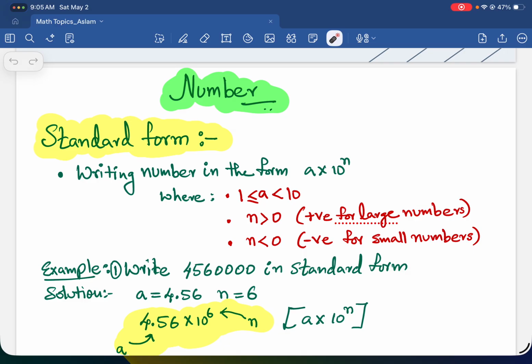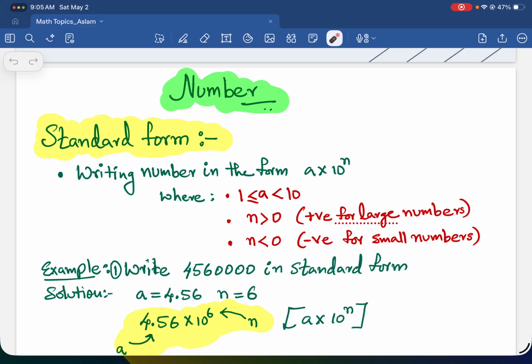It is not only used to write very large numbers, it is also used to write small numbers. For example, if you want to find the size of a virus or any very tiny object, how do we find the size, radius or width of that? So, in these two places we use this form, which is called standard form.